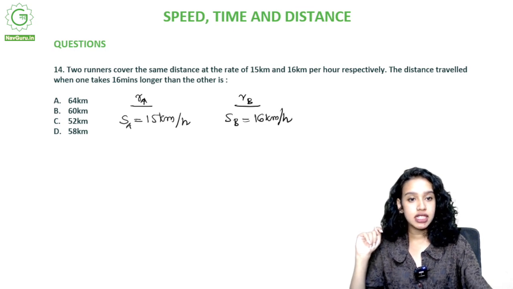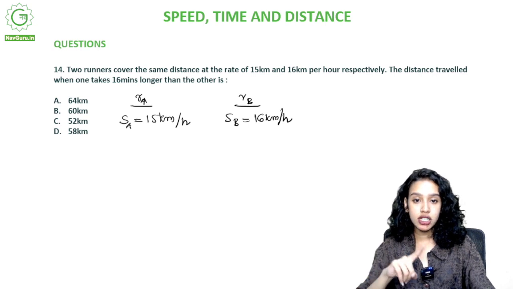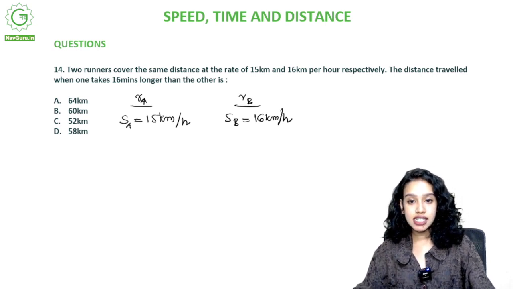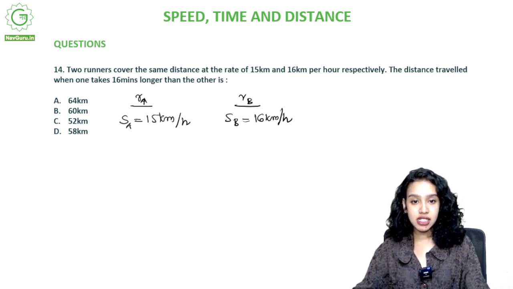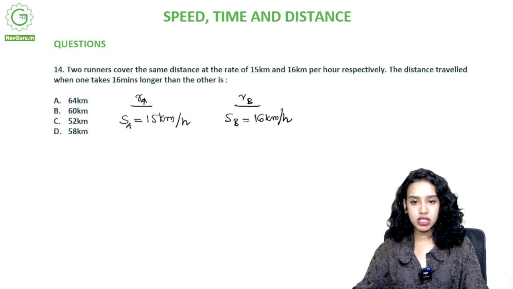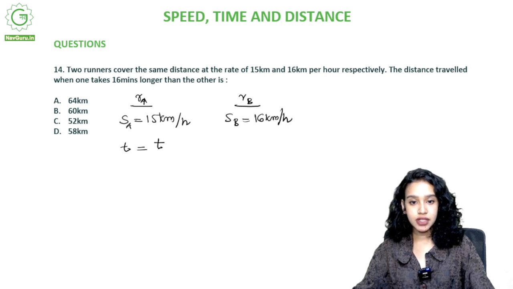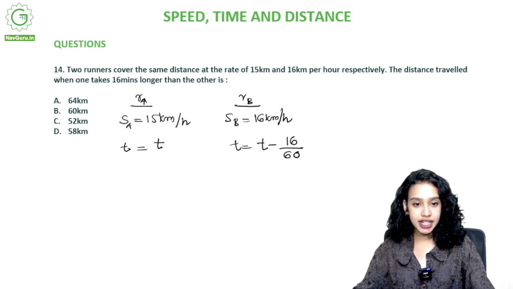Right? Now, the distance travelled when one takes 16 minutes longer than the other. So, let's say that B is taking 16 minutes longer than A, or A is taking 16 minutes longer than B. Let's take this as A is taking 16 minutes longer than the second one. So here, let's take time travelled as T, and we could say the other time travelled is equal to T minus 16 by 60, right?